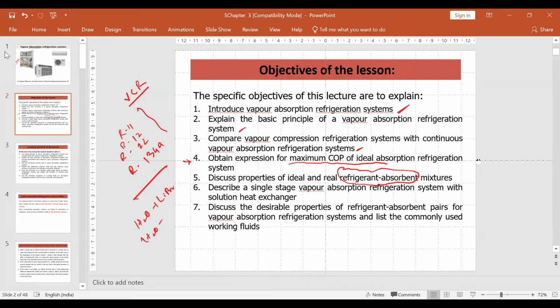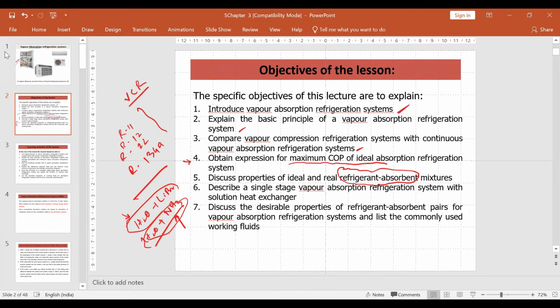We'll use water plus ammonia solution. So these are the refrigerant and absorbent mixtures. In this system, water will act as a refrigerant, and in this system, ammonia will act as a refrigerant. So we'll discuss in details later on.